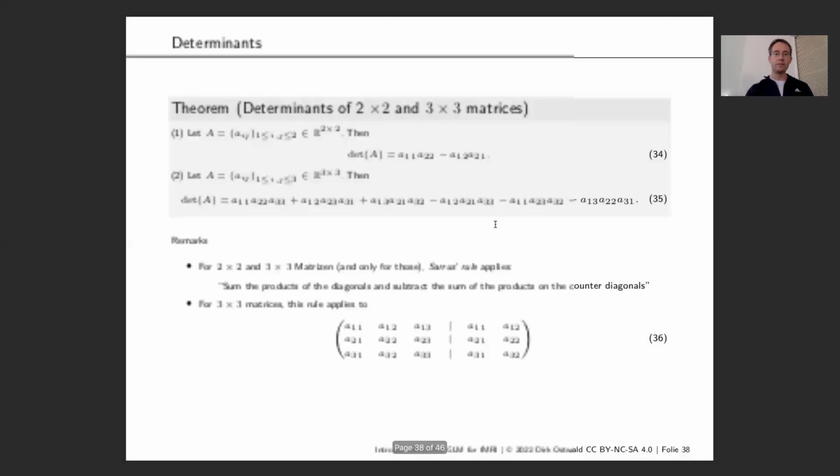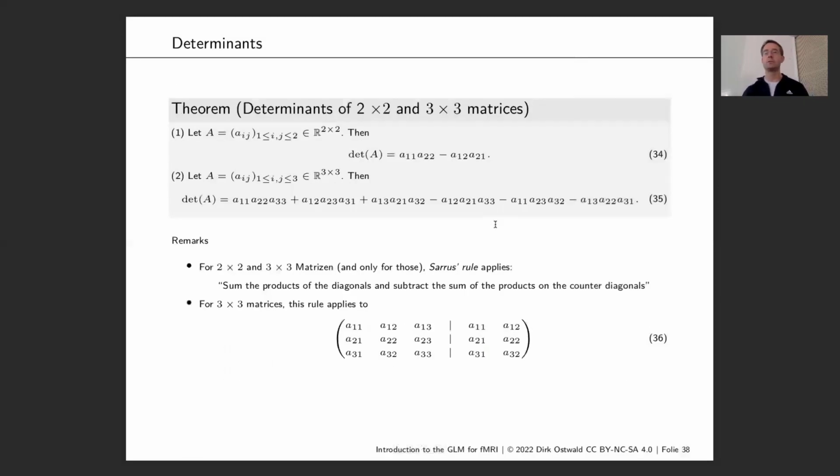Now, you might also have seen in school how you compute determinants of 3 by 3 matrices. There it gets a little bit more advanced. So you take the first leading diagonal, multiply them, you add to that the diagonal that you get from putting the first 2 columns next to the matrix, and then continuing your diagonal. So A12 times A23 times A31.